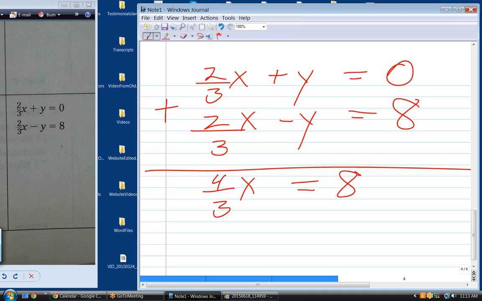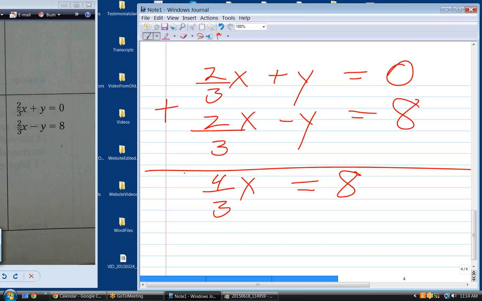You can do this last step in either 1 step or 2 steps. If you were doing it in 2 steps, what would your first step be? Simplify the fraction? Can't simplify it. 4/3 is as simple. There's no number that divides into both 4 and 3. So that's as simplified as I can get.